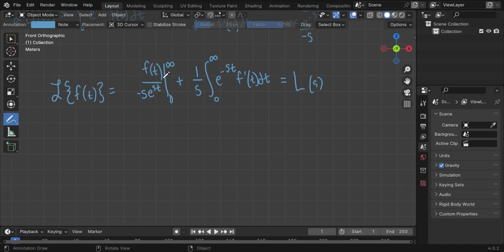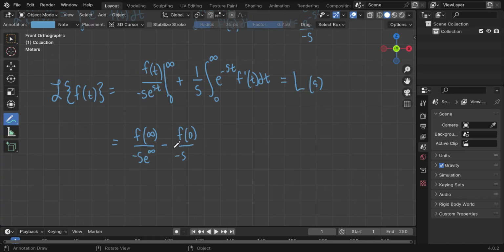But expanding this first section out, you have it being equal to f of infinity over negative s e to the s times infinity, which is just infinity, and then you're subtracting f0 over negative s e to the anything times 0 is just 1, e to the 0, which is equal to 1.